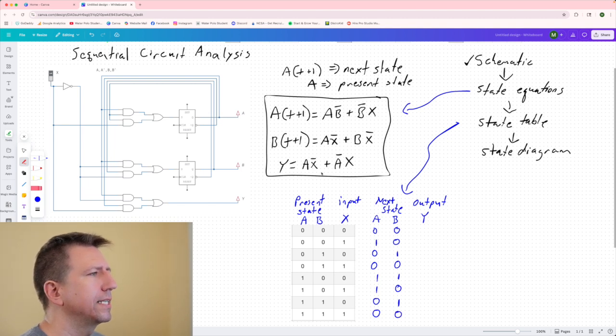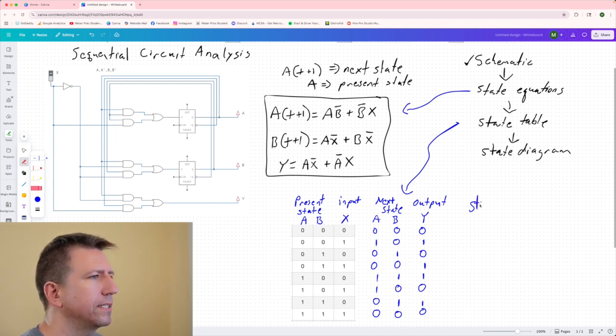And then Y is A X bar or A bar X. So when A is 1 and X is 0, which will be right here and right here. And then when A is 0 and X is 1, which is right here and right here. So we have this. Okay, fantastic. So now we have our state table.